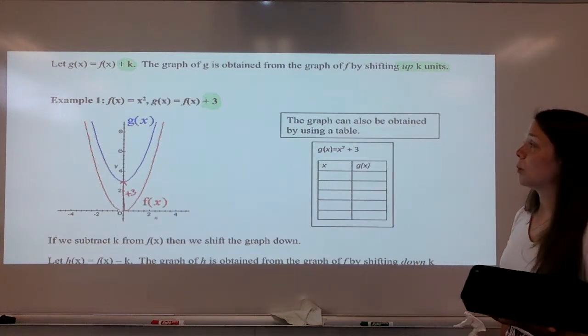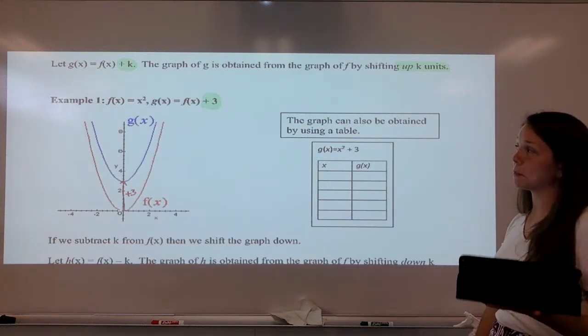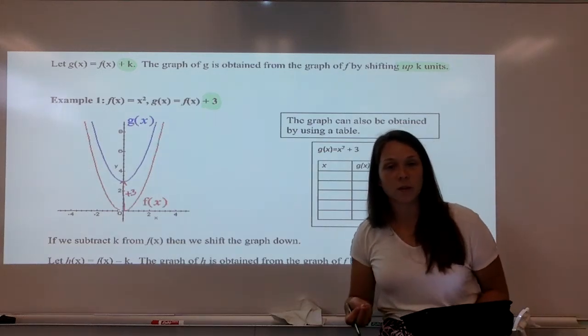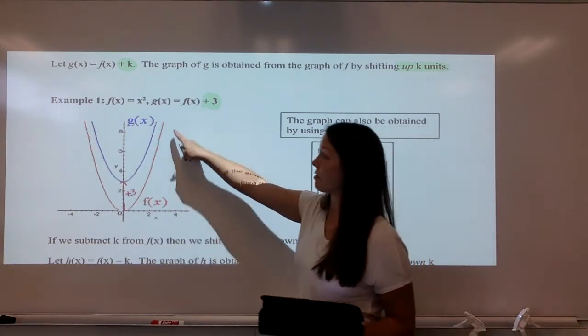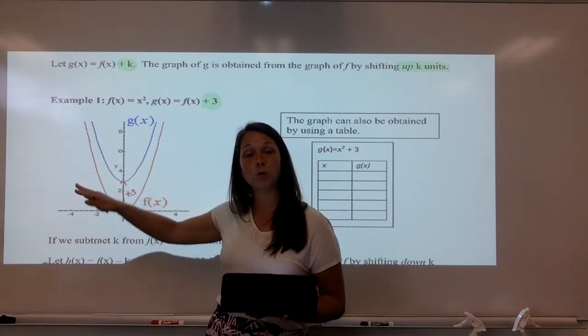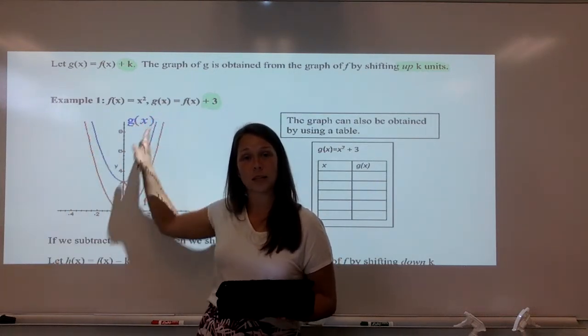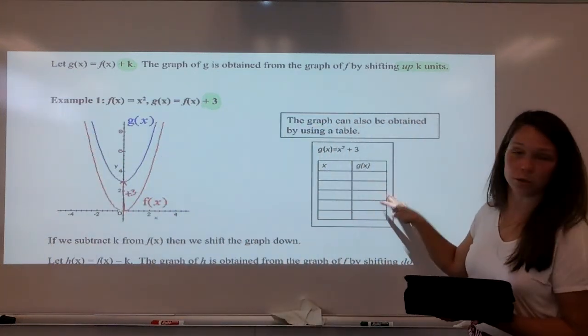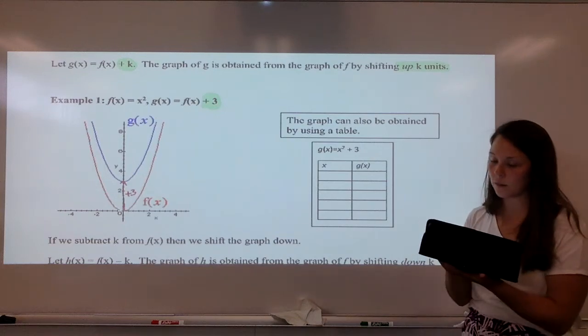The graph can also be obtained by using a table. So there's a couple of ways you can apply the transformations. You can graph the original function, like it is in red here, and then move all of your points up 3 units to get your graph in blue. Or you can use tables, and so that's what I'm going to walk you through next.